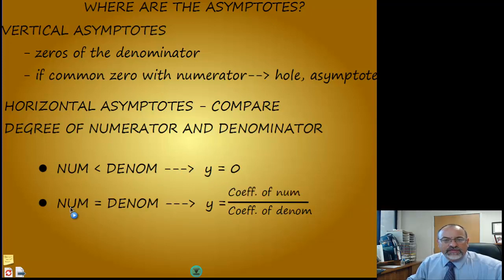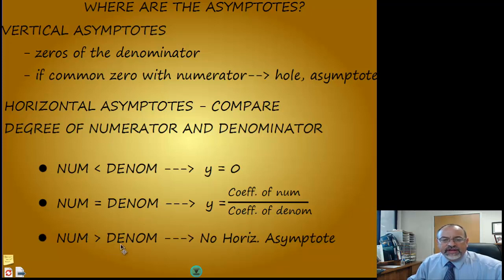If the degree of the numerator is equal to the degree of the denominator, then you take the coefficient of the leading term in the numerator over the coefficient of the leading term in the denominator. And finally, if the numerator degree is greater than the denominator degree, then there is no horizontal asymptote, but there is another asymptote.